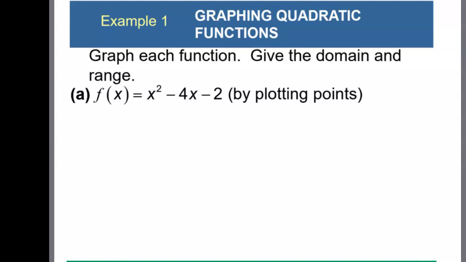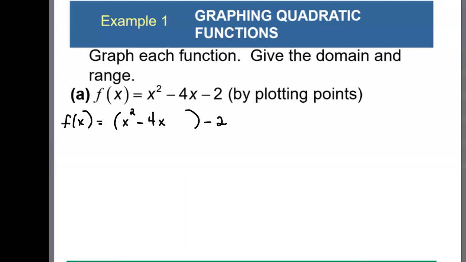So what we're going to do here, we are going to use the process of completing the square. We're going to then plot points to determine our graph. So to complete the square, we are going to gather our quadratic and linear terms, and we're going to put the constant value out to the side.